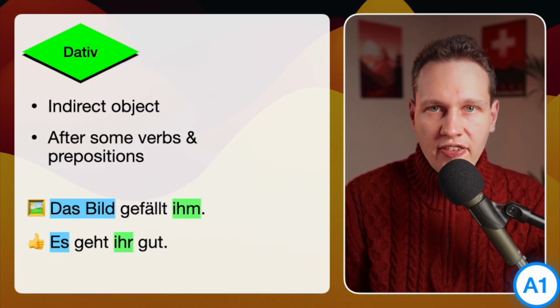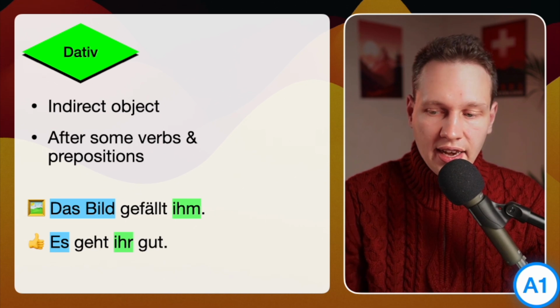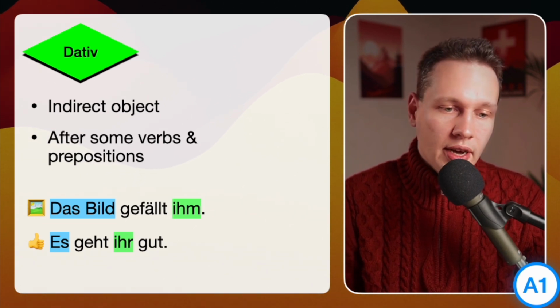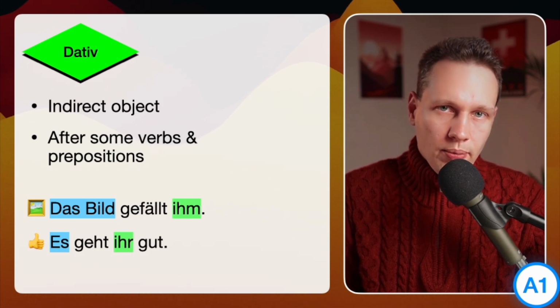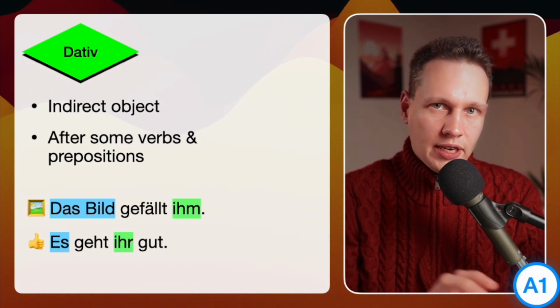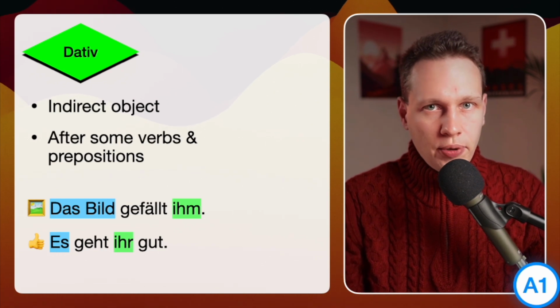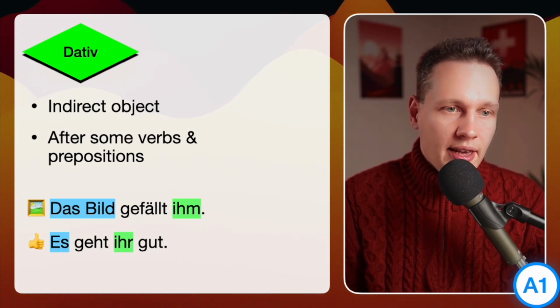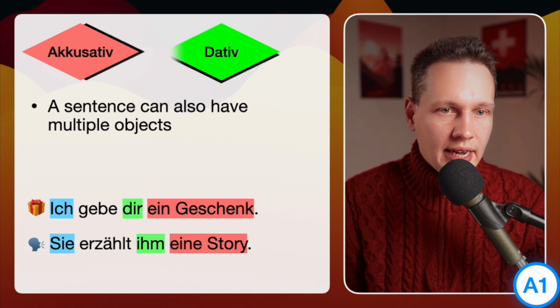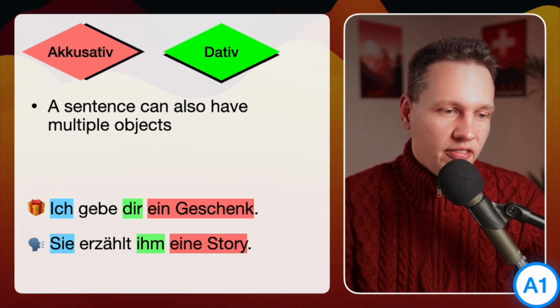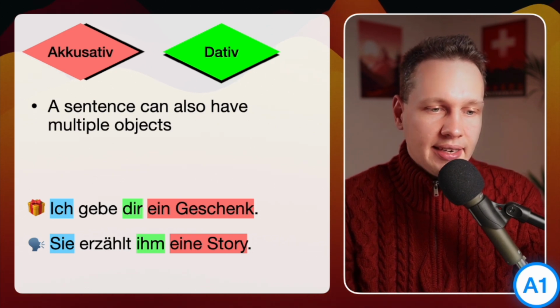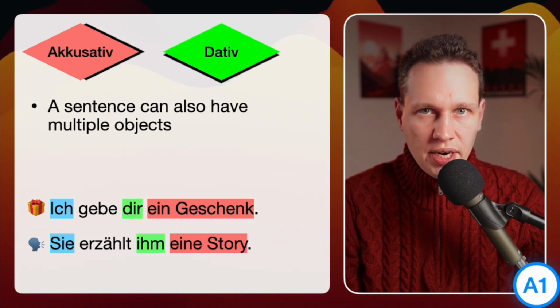And so if you have some kind of thing, like let's say a phone or a book, and you have a person also in the sentence, you can be almost certain that the object will be in the accusative case and the person will be in the dative case. And I have exactly for that some examples where we have both in the sentence. One of them is, ich gebe dir ein Geschenk. I give you a present.